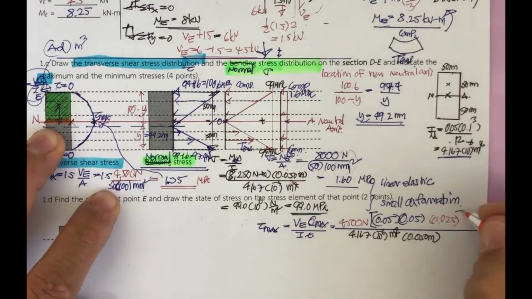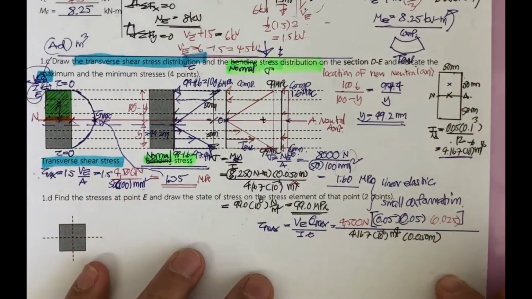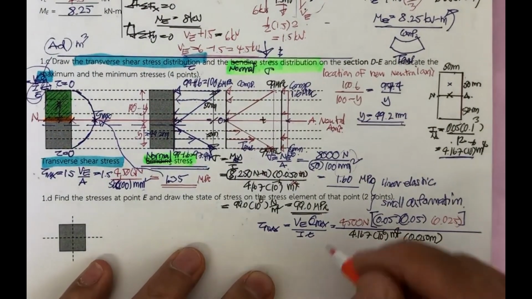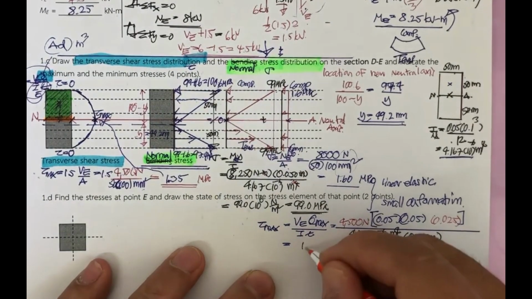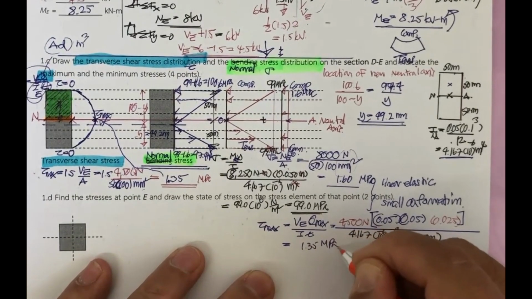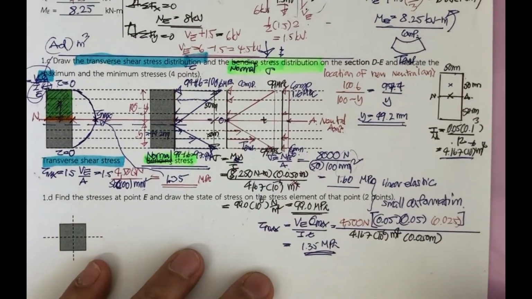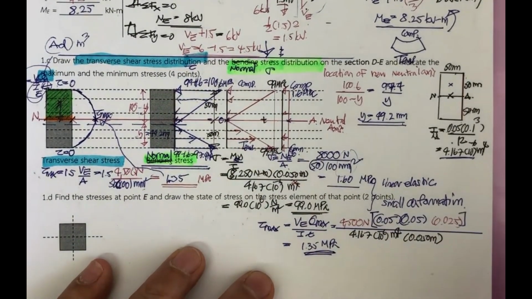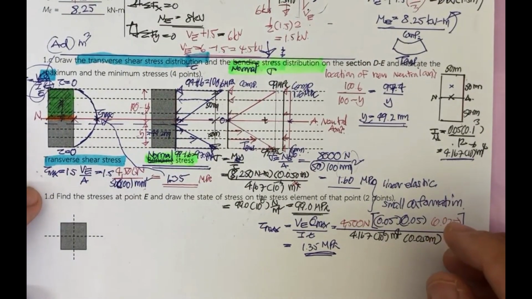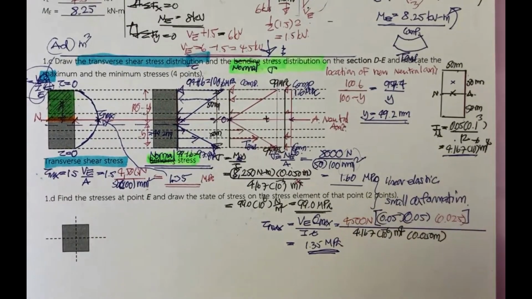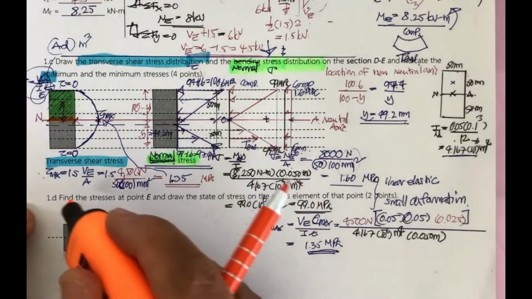Then you put them together and do some calculation, you will get tau max as 1.35 megapascal again.